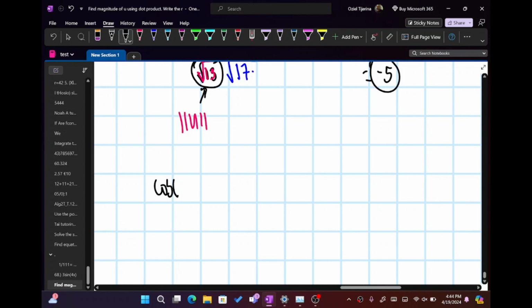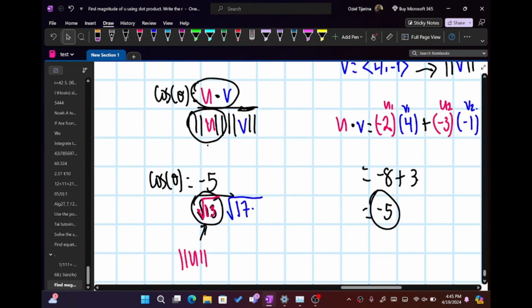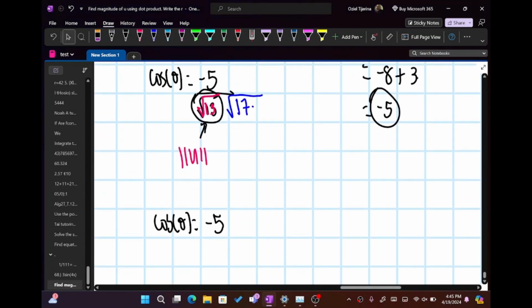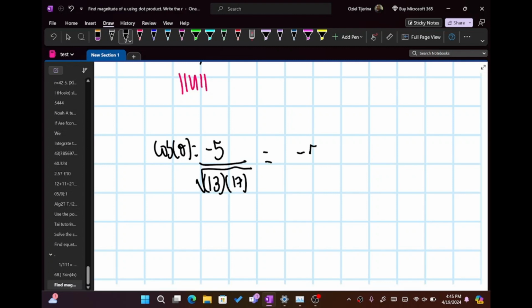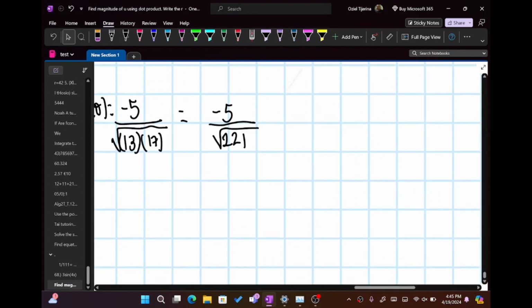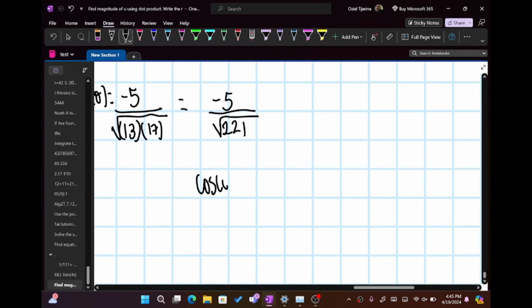So cosine of theta will be equal to negative 5 over the square root of 13 times 17, which is equal to negative 5 over the square root of 221.